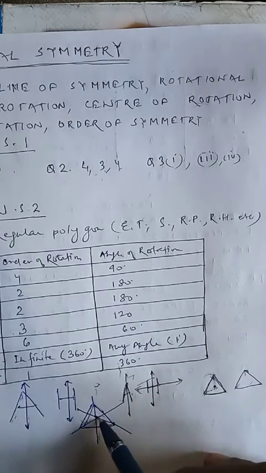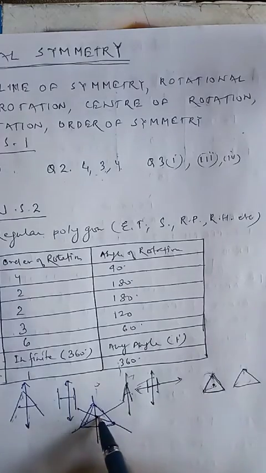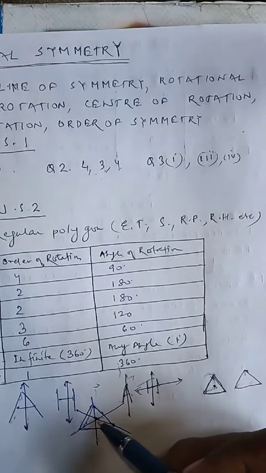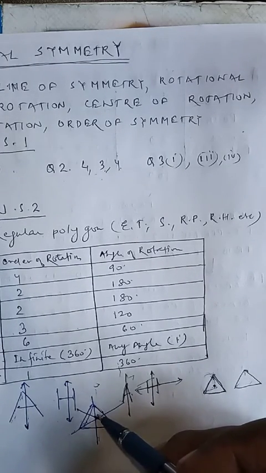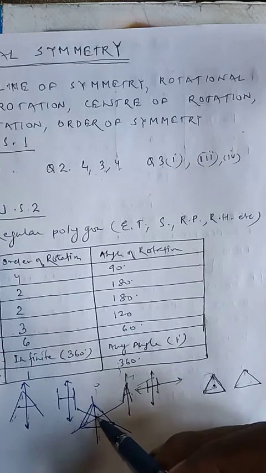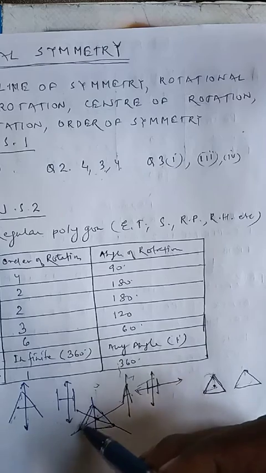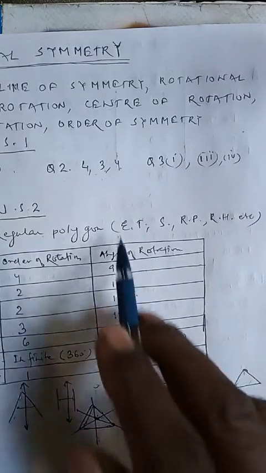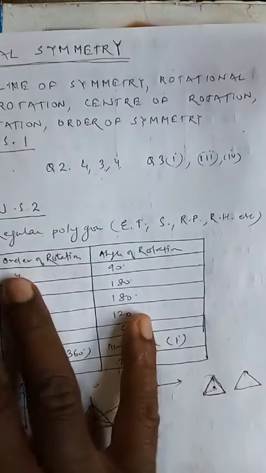All are the same over here. In this equilateral triangle, they will always meet at the same point. So if we rotate the figure from this point at a given angle, then we obtain the original figure again. So it is called the center of rotation.